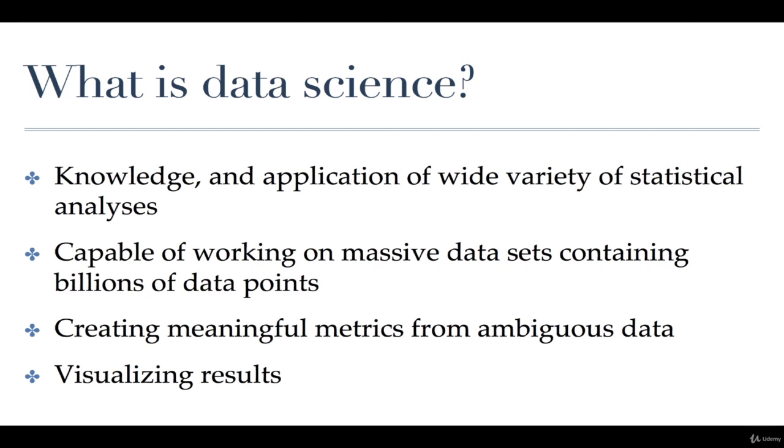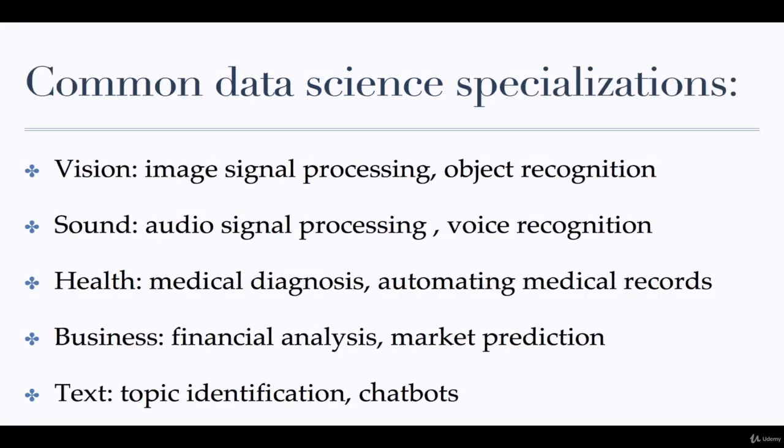Here are a couple of specializations of data science, where we see data science doing very well. So vision stuff, like face recognition, object recognition, anything around that is a really dominant area of data science.